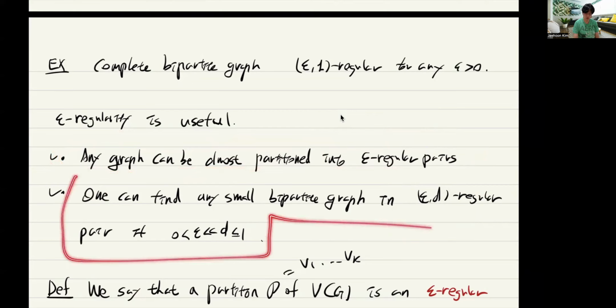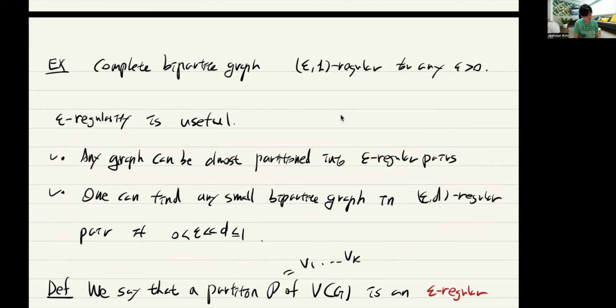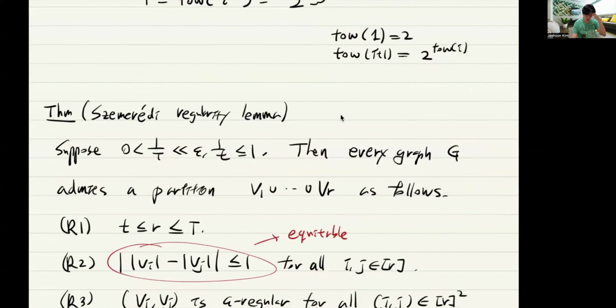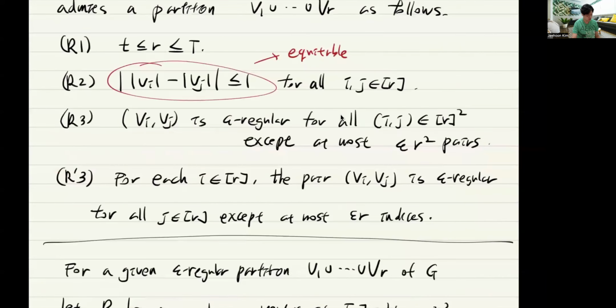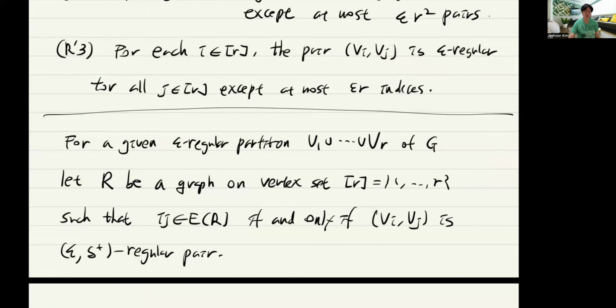And next time we will learn about a lemma saying that epsilon regularity is useful for the subgraph problem. And then we will learn about some applications of this regularity lemma to prove certain things. Okay, then I will see you in the next video.